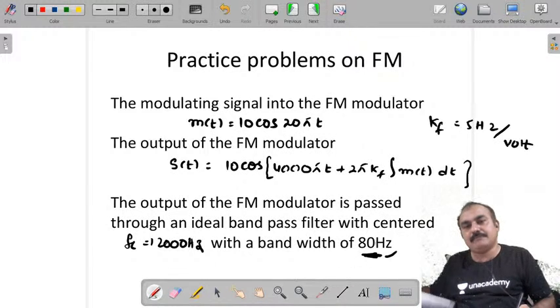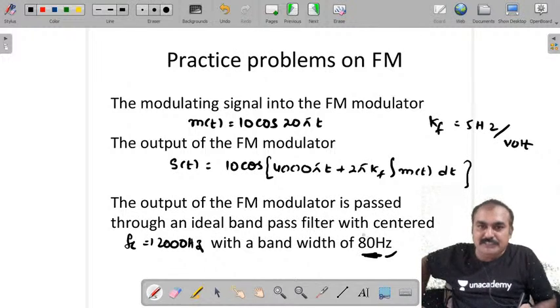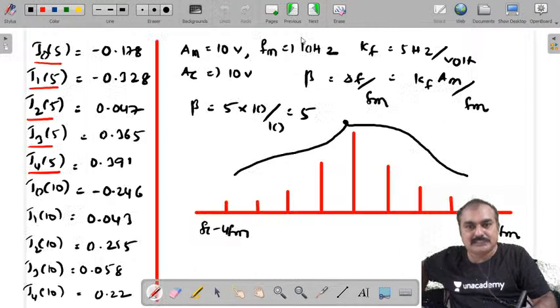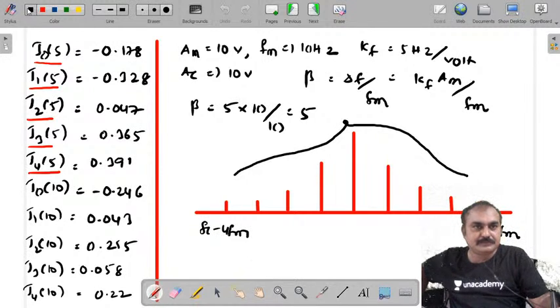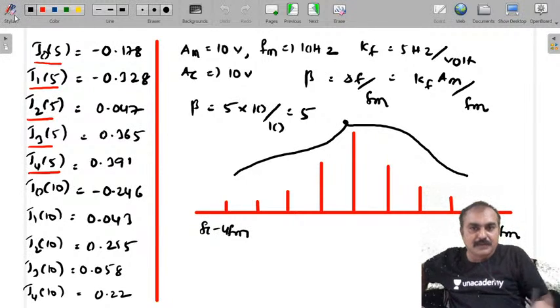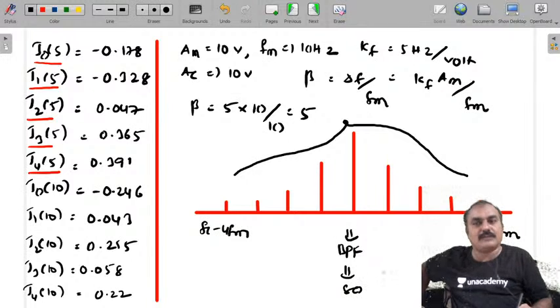In this particular bandwidth of 80 hertz, he is asking the power of the spectral components that pass through this filter, the band pass filter. Only the bandwidth of 80 you have to get.